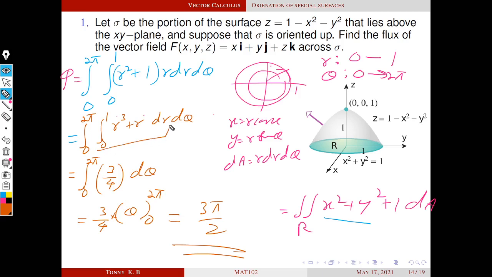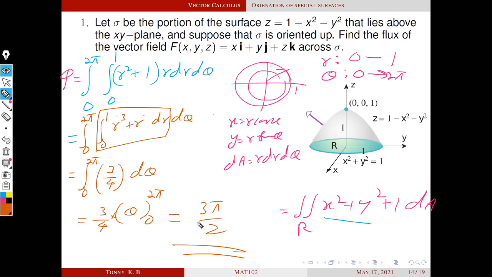By integrating first with respect to r and substituting upper limit and lower limit, we get 3 by 4. So next we have to integrate 3 by 4 with respect to theta. This becomes 3 by 4 into theta from 0 to 2 pi, so this becomes 3 pi by 2. So the total flux across the surface sigma in the direction of n is 3 pi by 2.